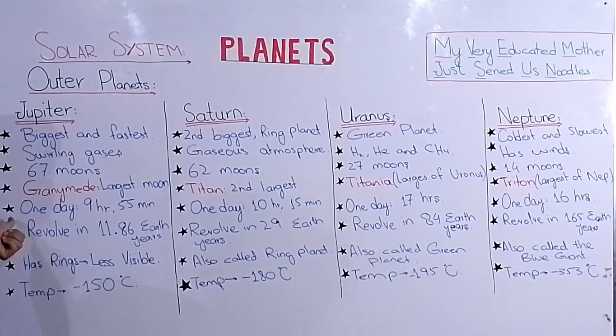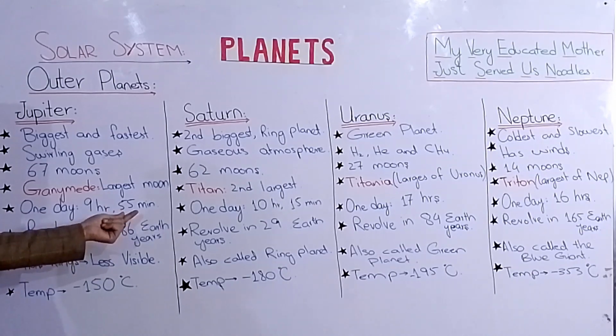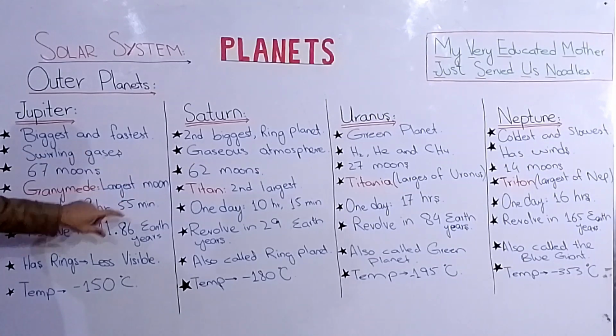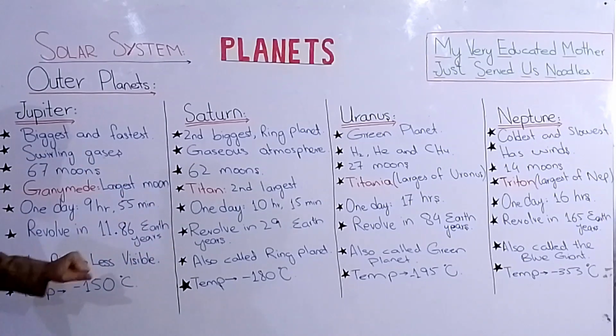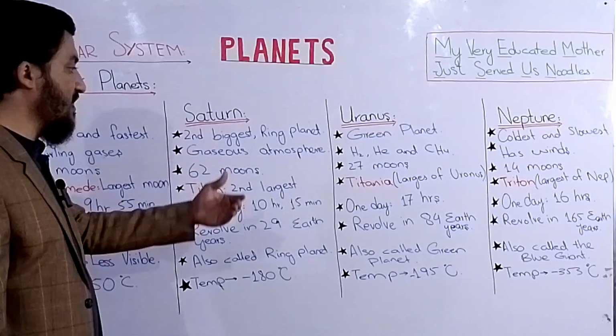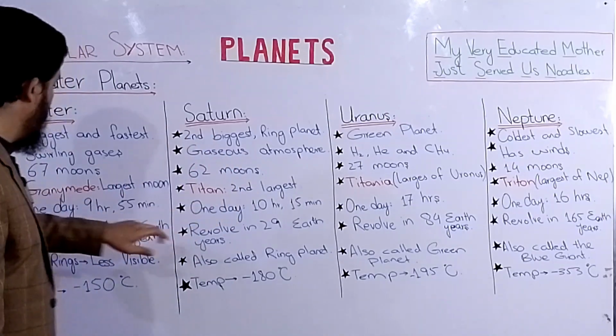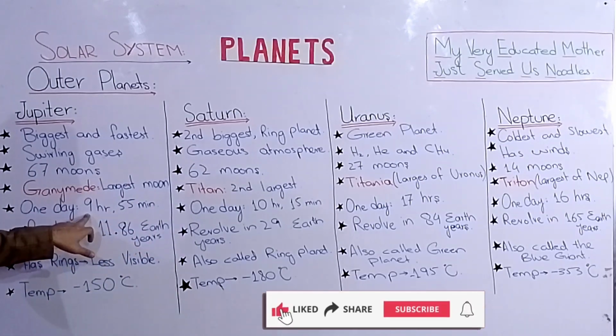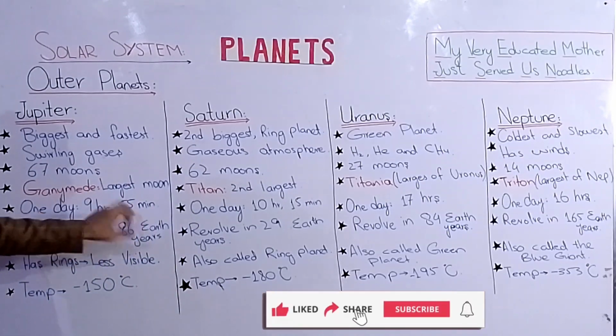Then, the comparison of days: one day of Jupiter is equal to 9 hours and 55 minutes. That's why we call it the fastest planet, because its day is even shorter than the day of Earth, which takes 24 hours, while its rotation on its own axis takes just 9 hours and 55 minutes.